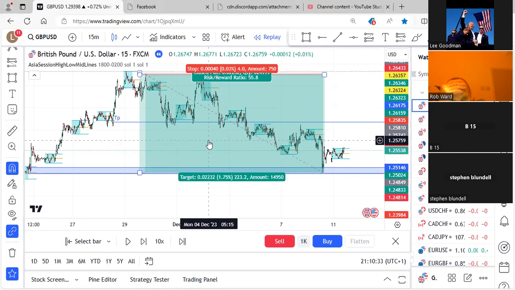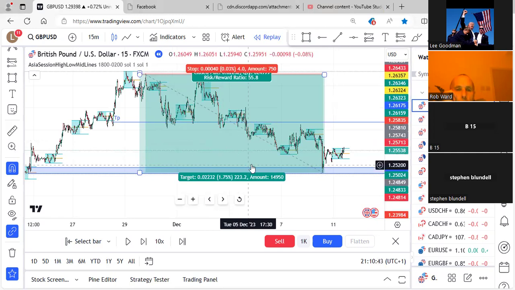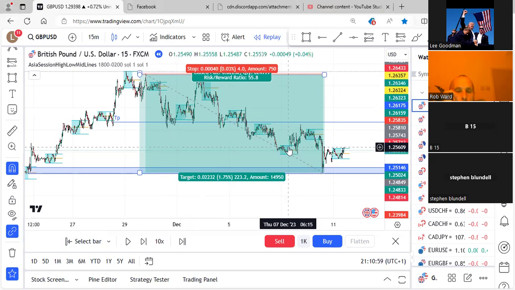I think mathematically, because my system shows these big runs, I mean, that's 223 pips, which is a fairly big push, but my system allows for the bigger runs. If I take 50% off, then mathematically I don't like the fact that I'd be holding for so long for half running as such.